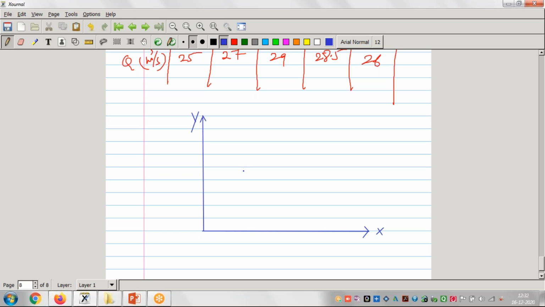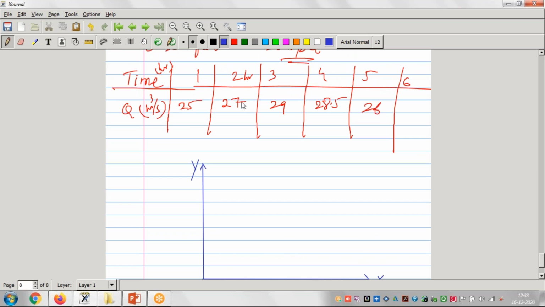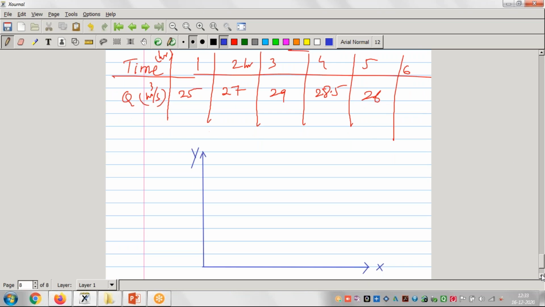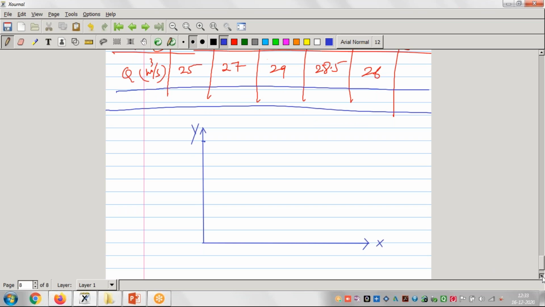Now, they have given time 1 hour, 2, 3, 4, 5, 6 hour, and they have given the discharge, that is Q. We know that on the y-axis we show the discharge, and on the x-axis we show the time.